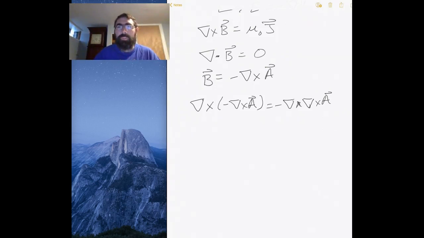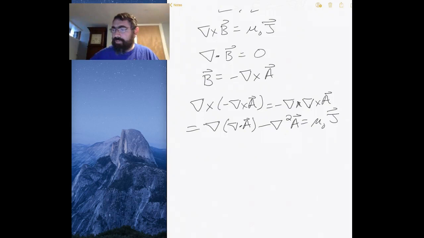And if I now look at my identities, what I get from this is the gradient times the divergence of the magnetic potential minus the vector Laplacian. So we're taking the Laplacian, basically the second order derivatives, but we're taking those on a vector field, on a vector function, and those are going to be equal to mu0 J.